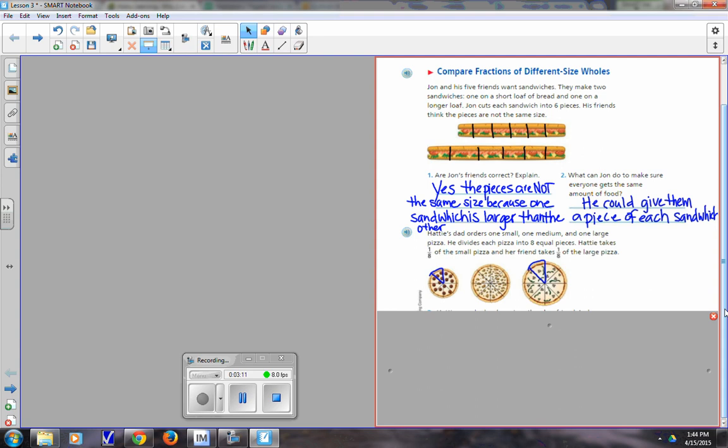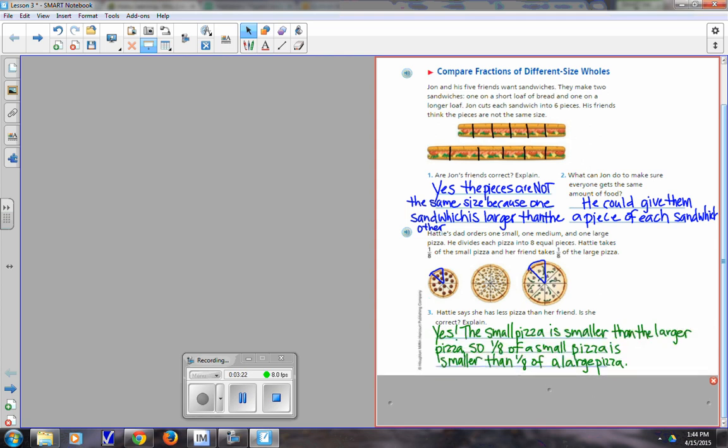Are those the same size? 1/8 and 1/8. Hattie says that she has less pizza than her friend. Is she right? Yes, because the small pizza is smaller than the larger pizza. So the 1/8 of the small pizza is not the same size as the 1/8 of the large pizza.